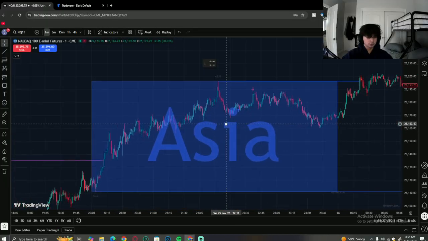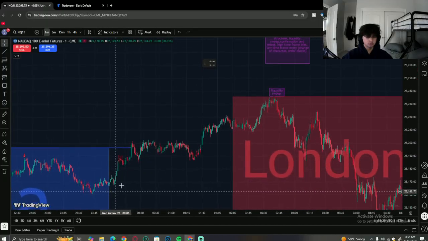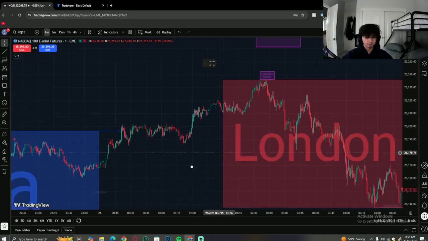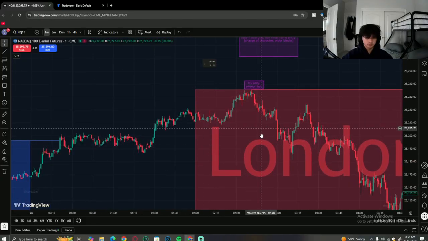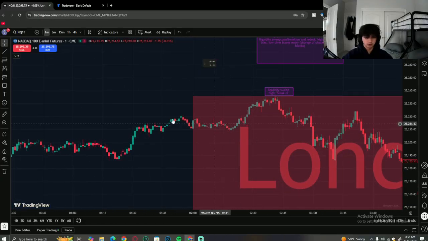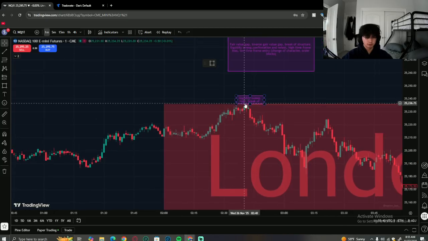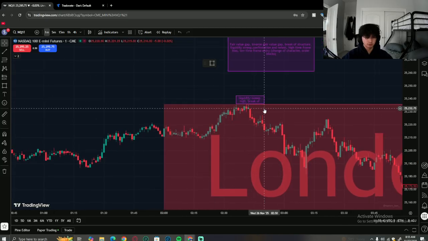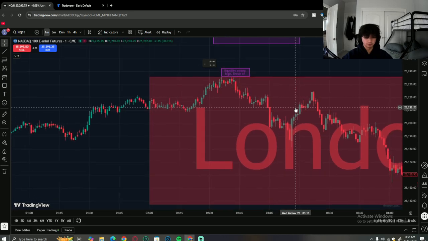And Asia clearly consolidated a lot, so London's going to manipulate that. So here in this price action, we have the chart sweeping high, creating a high after 40 minutes of being open, and then starting to dump right after.